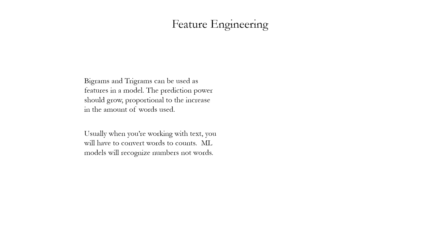Usually when you're working with text, you will have to convert words to counts. ML models will recognize numbers, not words, and that's important as well, right? The reason we convert things to numbers is because ML won't recognize it if it's just text. Another important thing people can do to convert text into numbers is indicator variables: 1 or 0, yes or no, hired or not hired, right?